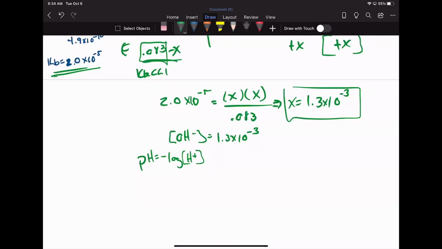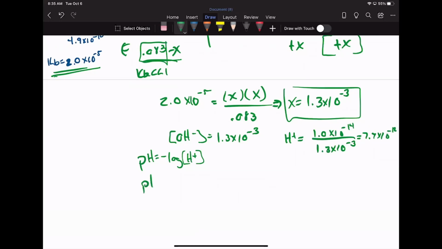H plus is equal to 1.0 times 10 to the minus 14 over 1.3 times 10 to the minus 3, and that'll give us 7.7 times 10 to the minus 12.